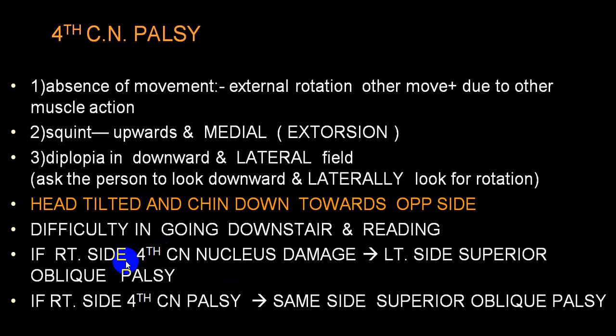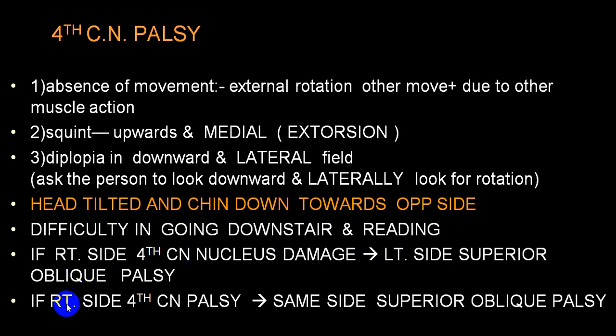So if there is right side fourth cranial nerve nucleus damage, then left side superior oblique palsy will be there, because this is supplying the opposite side superior oblique.